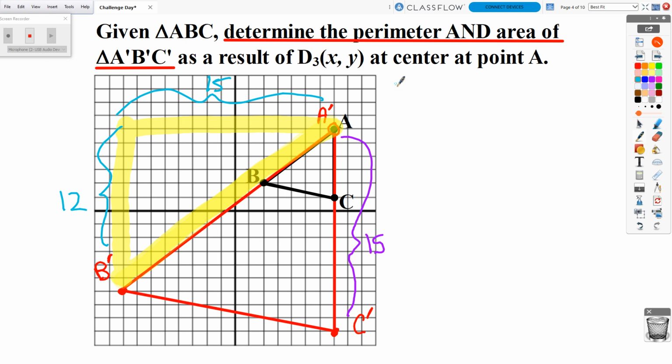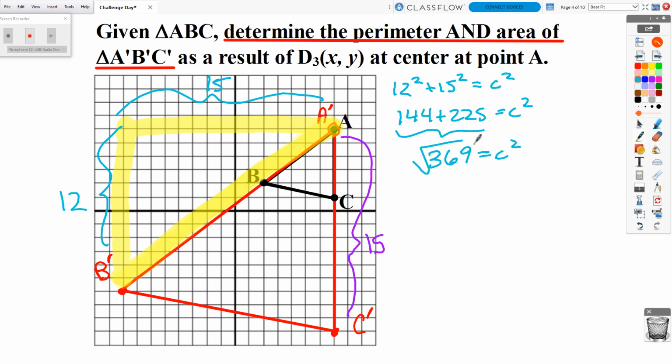Okay, so 12 squared plus 15 squared equals C squared. 144 plus 225 equals C squared. Those add up to 369, and we're going to take the square root of that. Now, here is where I'm not just going to plug this into the calculator. Like we have done previously this year in a chapter portfolio, I am going to simplify this square root.